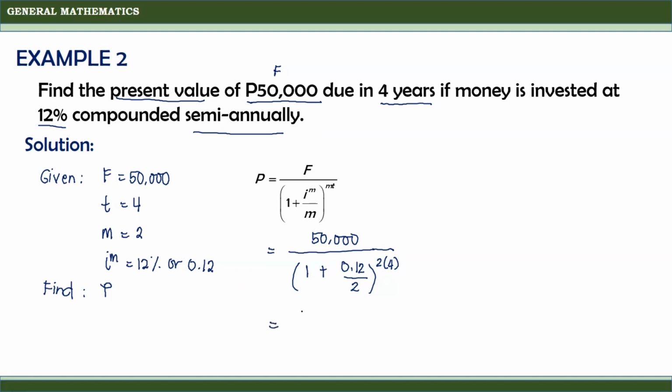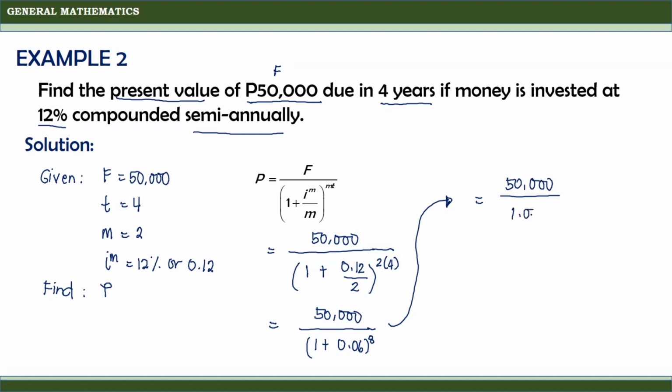So we're going to have 50,000 all over 1 plus 0.06 raised to 8. Next, let us add 1 and 0.06, giving us 50,000 divided by 1.06 raised to 8.